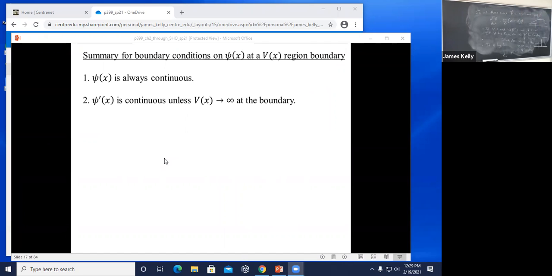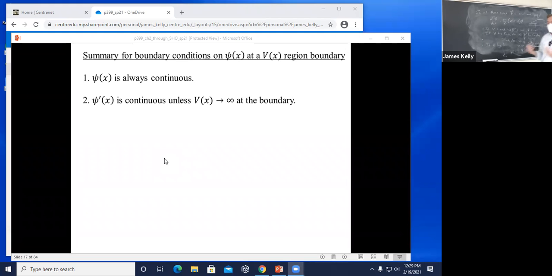When you're applying boundary conditions at a place where maybe V does something a little bit crazy, in all cases, we found that psi is always continuous, but psi prime may or may not be continuous. And the cases where it wasn't continuous were the cases where it went to infinity somewhere, okay? Either we have a place where it went from a finite value up to infinity forevermore, or maybe there was a Dirac delta function, so it went to infinity. Those were the two cases where psi prime is not going to be continuous.